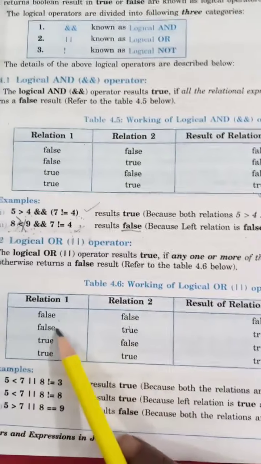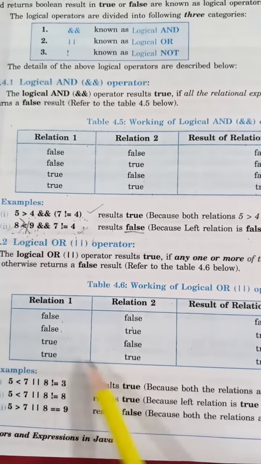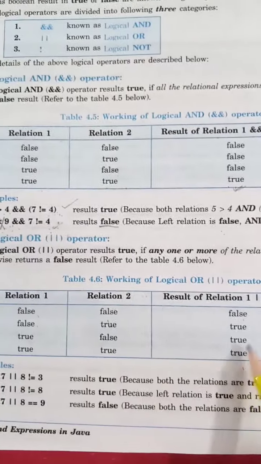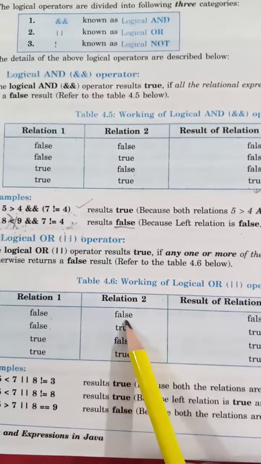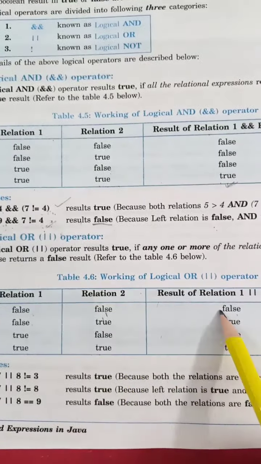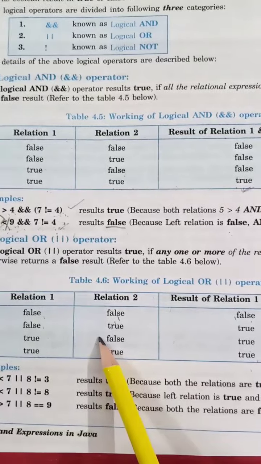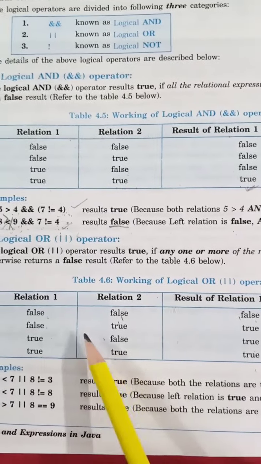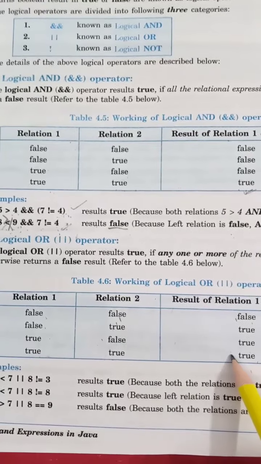Otherwise, if either relation is true or both the relations are true, you will be getting true in all other cases. When all the conditions are false, then only you will be getting false.